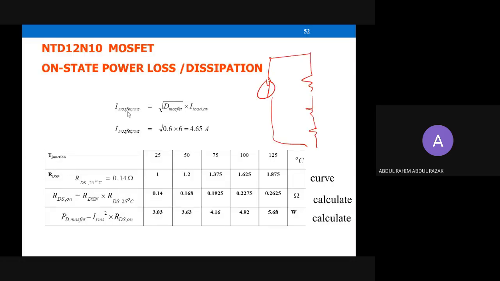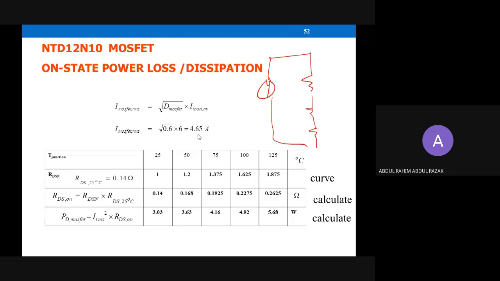And ID for the MOSFET just now we have 6 ampere, but in the datasheet it requires us to calculate using RMS. So we have to multiply by the duty cycle, and use the average current value, and we get 4.65 ampere.